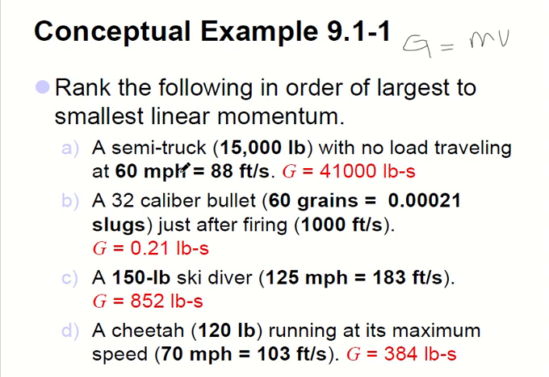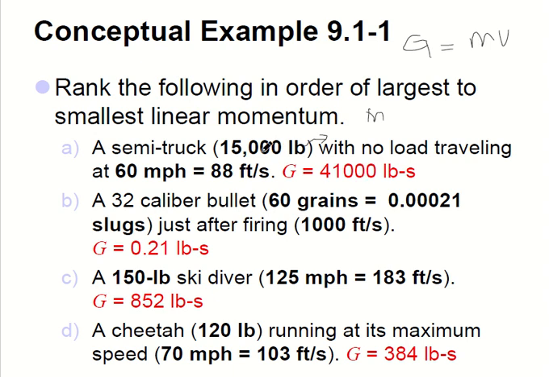When you multiply that, you're going to get 41,000 pound second. Of course, that's the weight, so you have to change it into mass if you want to use this equation, and then multiply.